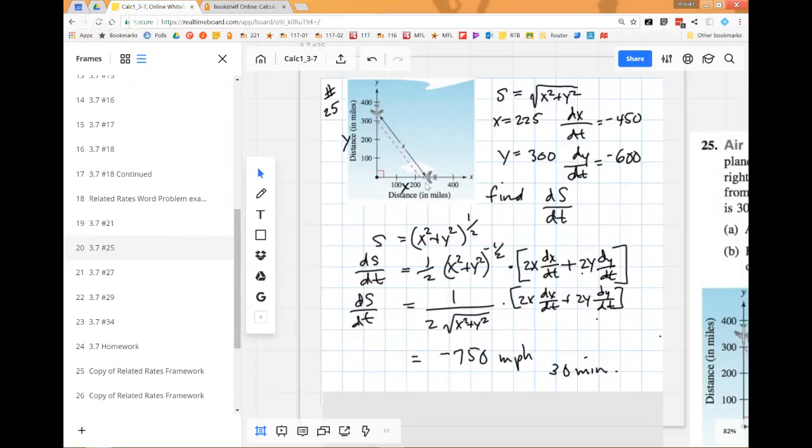Yeah, because this plane right here on the bottom is only 300 miles from the collision point. So if you wait a half hour, 375 miles, they will have already collided. So you don't have much time. You've got to move quickly.